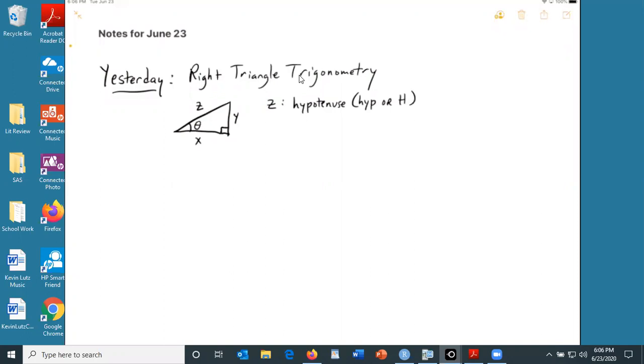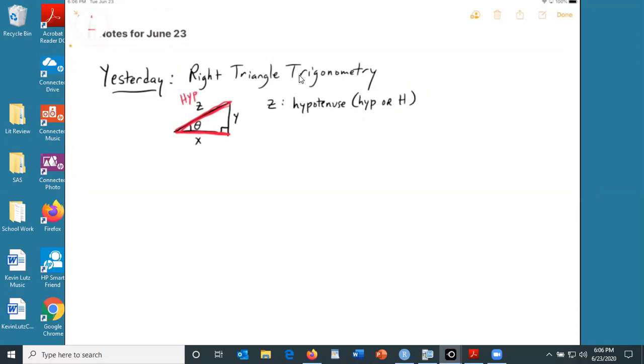Then we have sides X and Y, and they are situated a certain way. Notice that side X is one of the sides of angle theta, and so is the hypotenuse. But once you name the hypotenuse, that's all you can name it. We don't name it anything else.